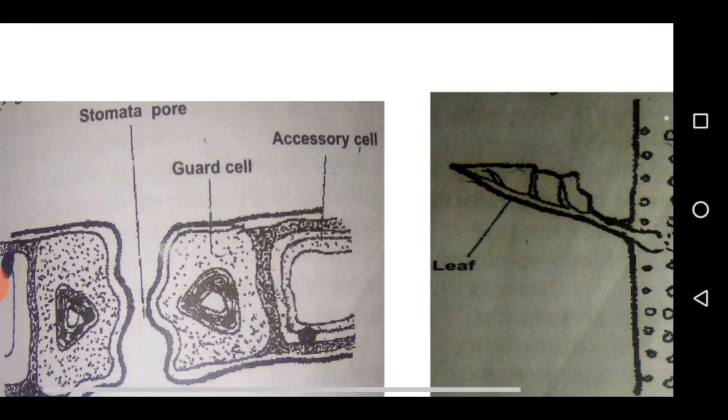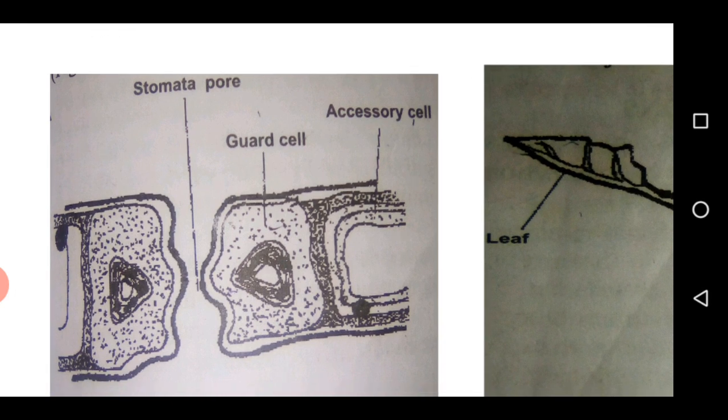As you can see, the stomata pore is the small tiny opening on the leaf of the plant, through which materials are exchanged between the environment and the plant. Also in respiration, carbon dioxide and oxygen are exchanged through these stomata pores, as well as all the waste products.